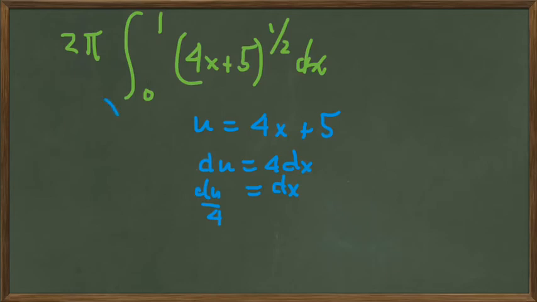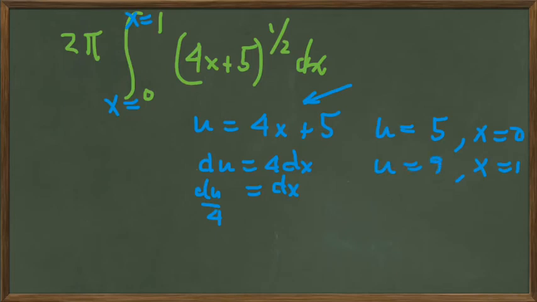And these limits of integration here are in the variable x. To get the u limits of integration, if x is 0 and we plug 0 in here, we get u is 5. So that's when x is 0, and if x is the other limit 1, then u is 9.